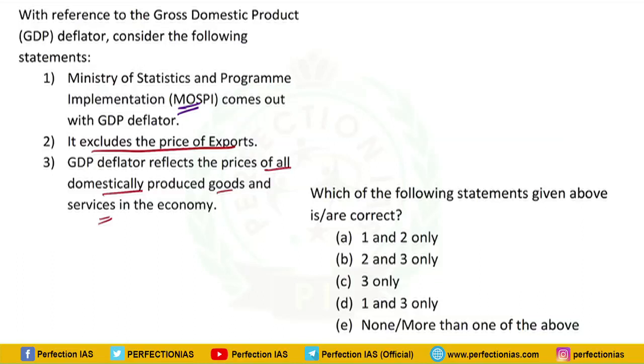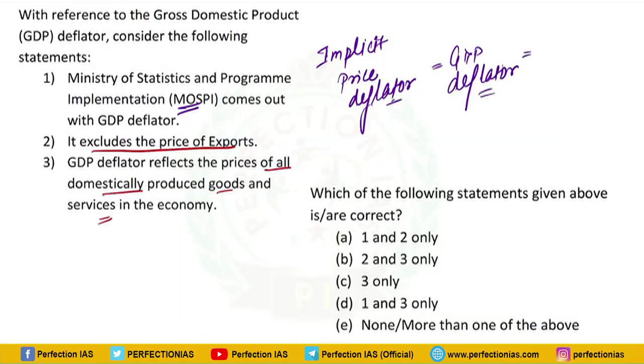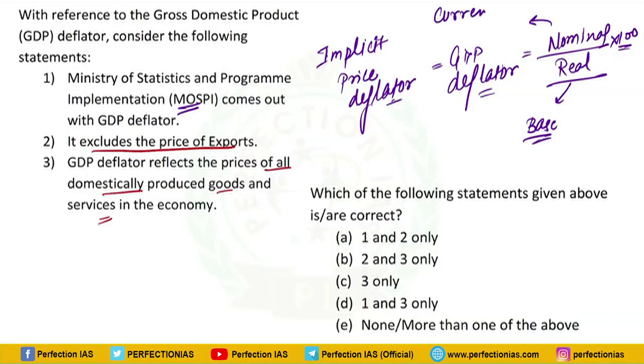First thing first, GDP deflator is also known as implicit price deflator, and it is nominal GDP upon real GDP into 100. Real GDP means base year or constant price. Nominal means current price level.